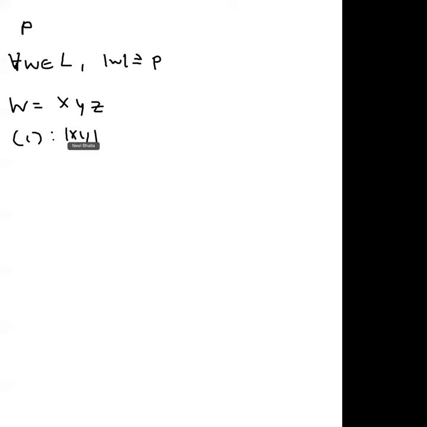And the idea is that for all words W in a language L, where the length of W is greater than or equal to P, we can break up the word into three components, so W equals XYZ, where one, XY is within the first P characters, so it has to have length less than or equal to P. Two, Y has to be non-empty.